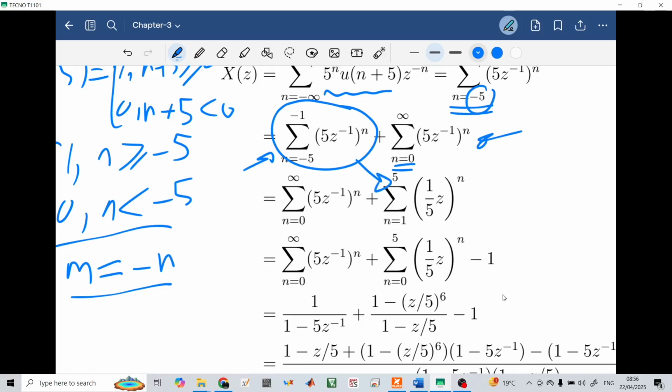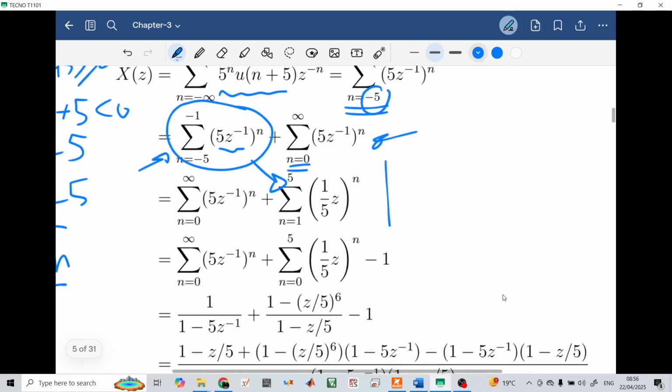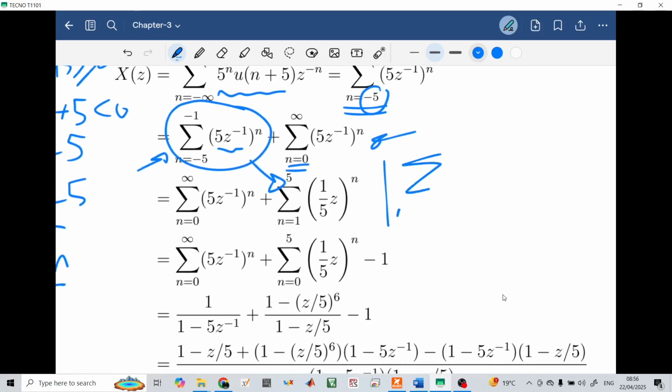What we have done here is that this should be m starting from 1 till 5, right? And this is 5 to the power 1 times z to the power minus 1 to the power minus m.